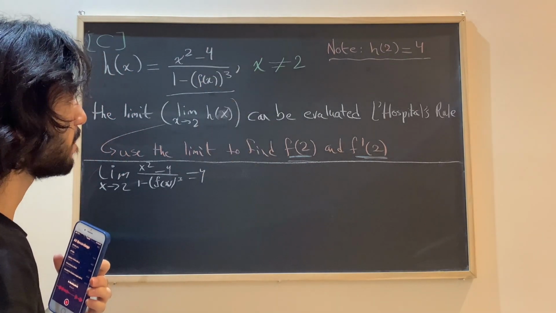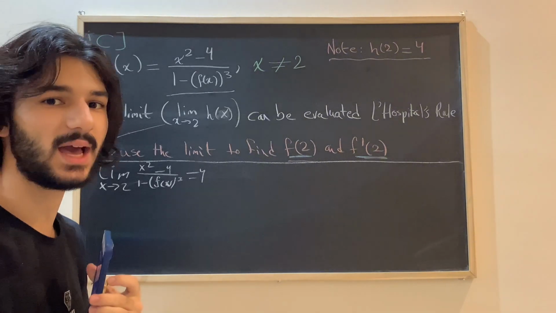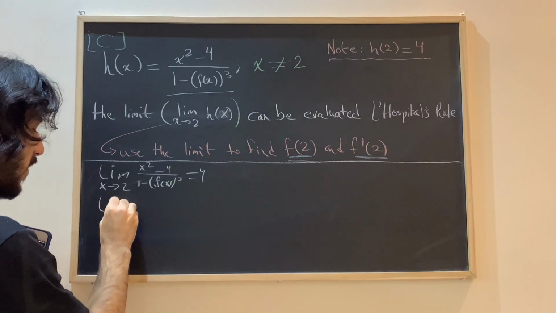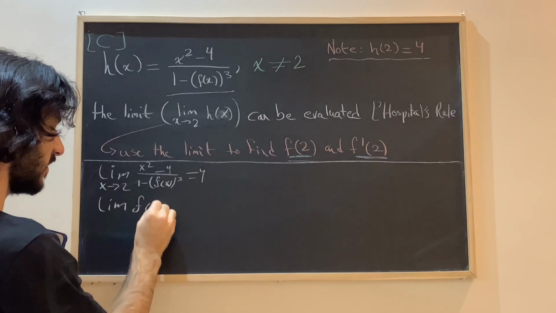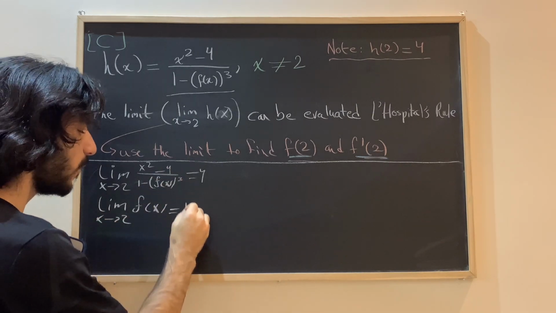Okay, so now that this is indeterminate, what do we do? Well, f(x) cubed must equal 1, so the limit of f(x) as x approaches 2 is going to equal 1.